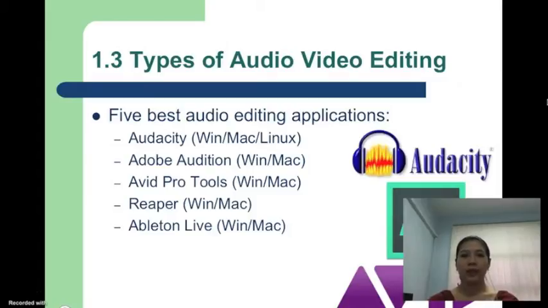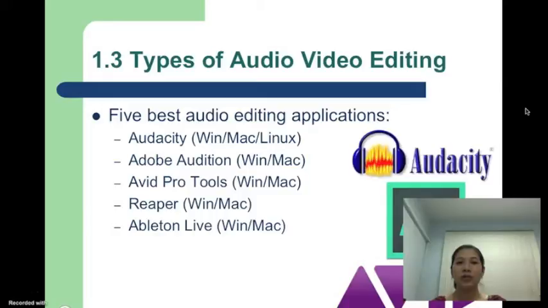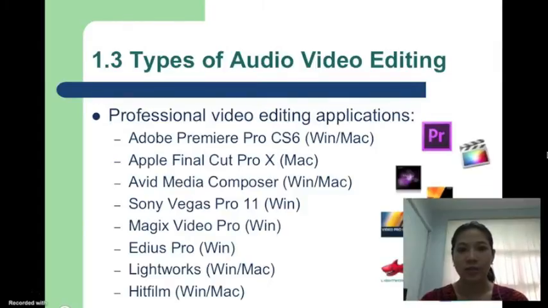So, types of audio and video editing software. There are 5 best audio editing applications, namely Audacity, Adobe Audition, Avid Pro Tools, Ripple, and Ableton Live, but some of them are compatible with Windows and Mac, and some with both, and some are also for Linux. These are some professional video editing applications.